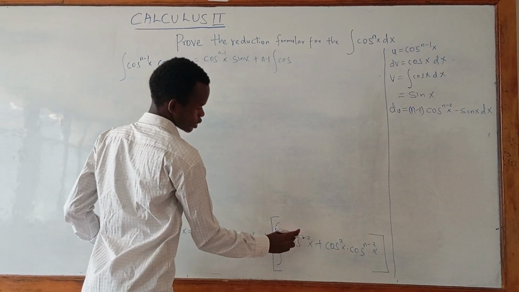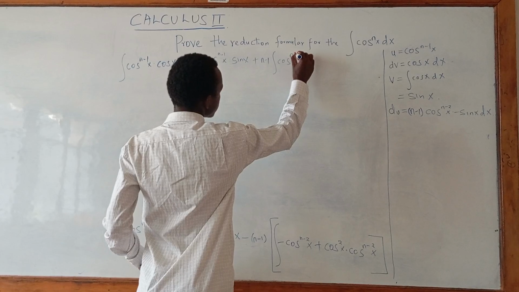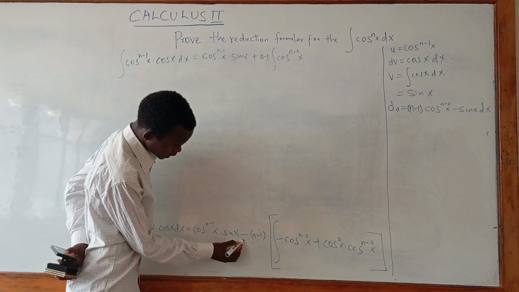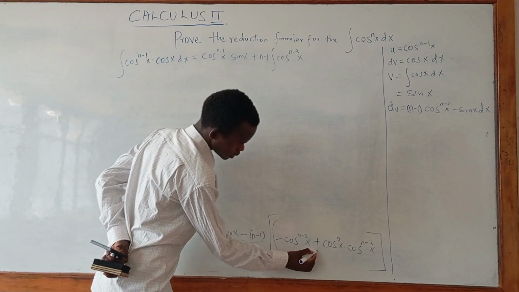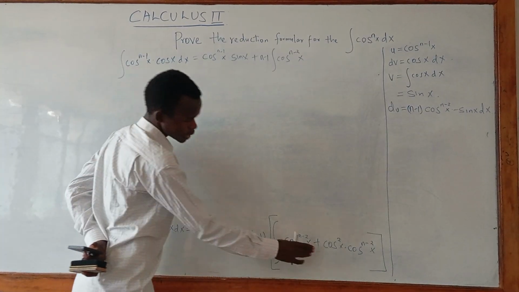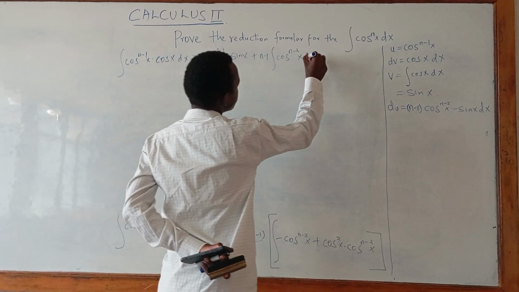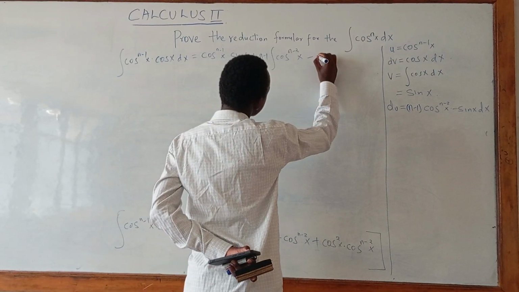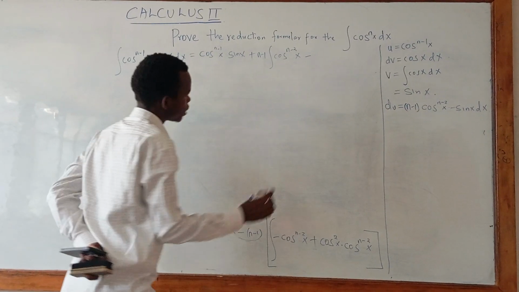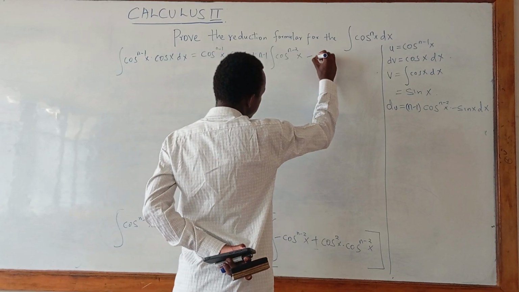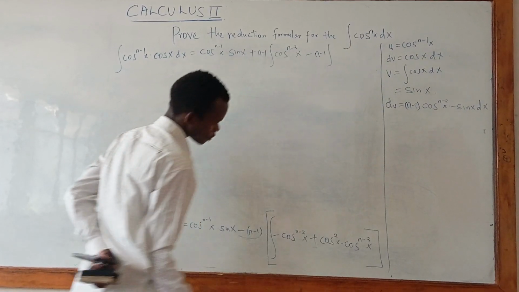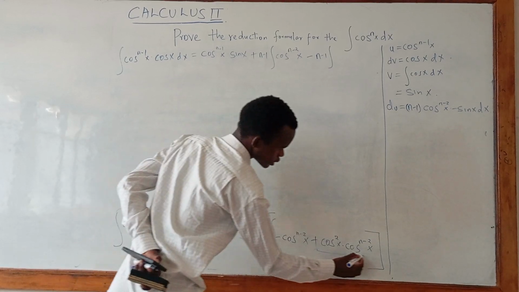cos to the n minus 2 of x. Multiplying these again with this negative sign, it changes this to be negative, so it will be minus n, the integral of this.